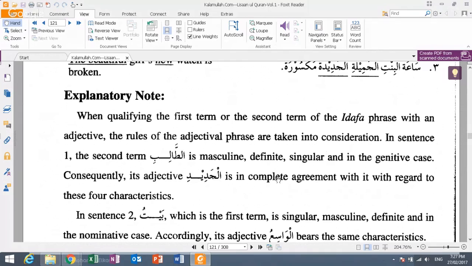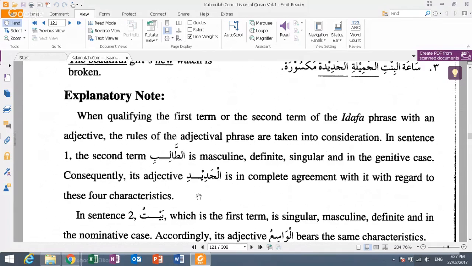Okay, you people said it, mashallah. Consequently, its adjective al-jadid is in complete agreement with it with regard to these four characteristics. So, al-jadidi, singular, jarri, marifa, and muzakkar. See? Al-jadidi. So you applied everything according to at-talib. Clear?